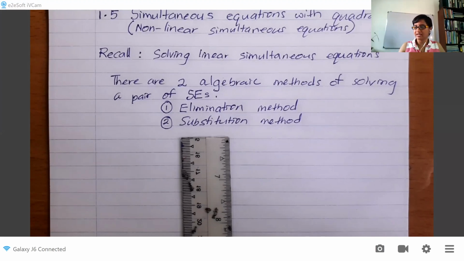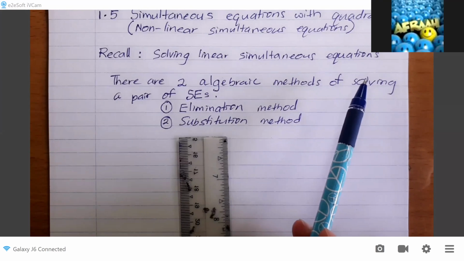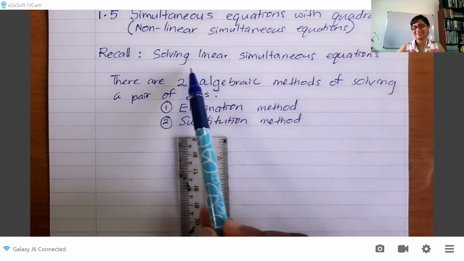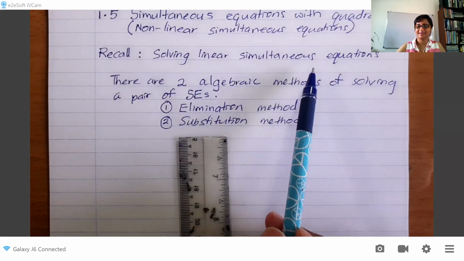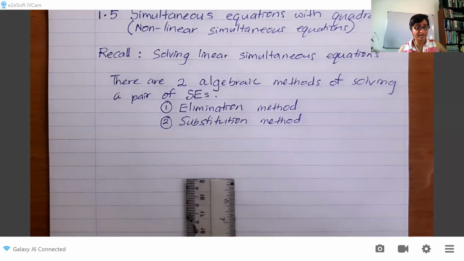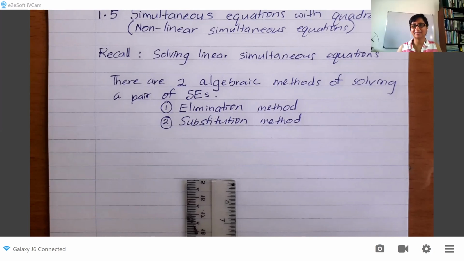I was talking and I was writing this. Where did you lose me? In what line? Solving linear simultaneous equations. Ah, this one. Okay. Sorry about that. I don't know what happened. The strange thing is, on my screen, nothing looked weird. Yes, but I did tell you that you were stuck. I didn't hear anything.